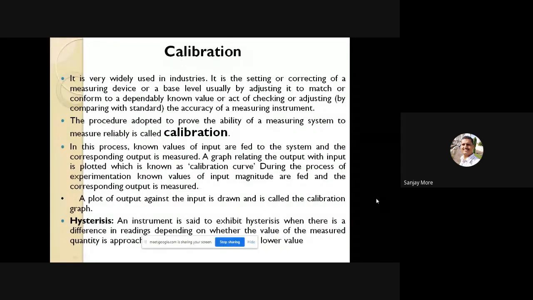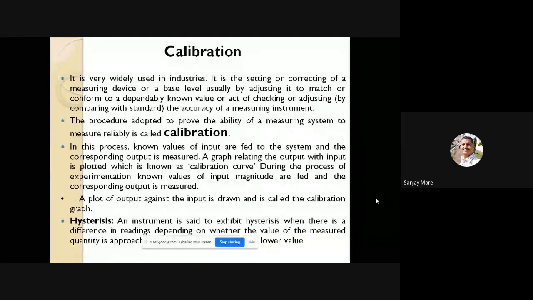So the procedure adopted to prove the ability of a measuring system to measure reliably is called calibration. Whenever measuring instruments are used in industry, month wise, quarter wise, half yearly, semester wise or year wise, they are regularly calibrated for better measurement.